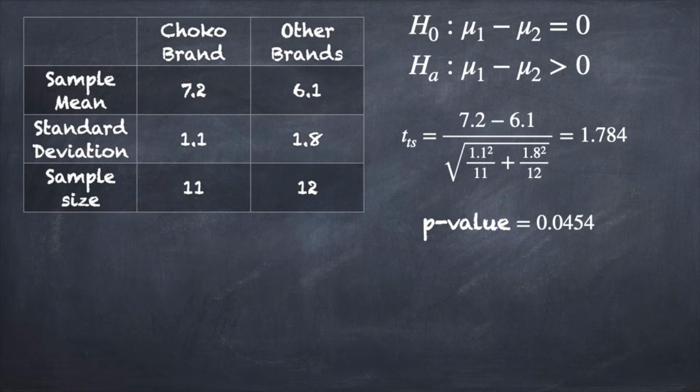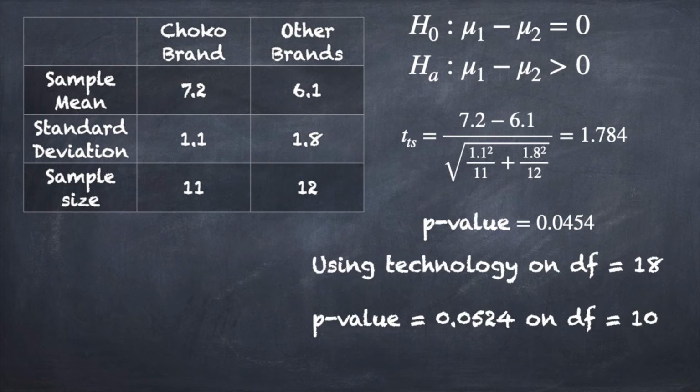Let's recall that earlier we stated that the degrees of freedom is the smaller of the two sample sizes minus 1. If we were to go that route, then we could compute the p-value based on 10 degrees of freedom, because 11 minus 1 is 10. So I went ahead and did that. Notice that the technology came back and showed that this p-value is based on 18 degrees of freedom.